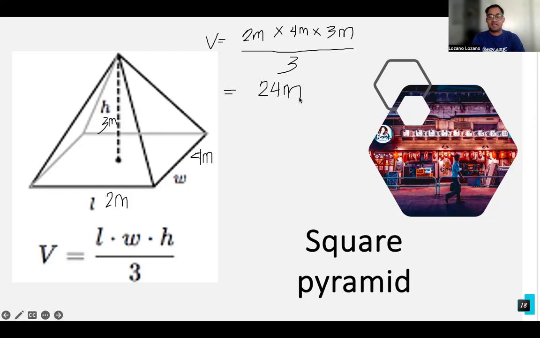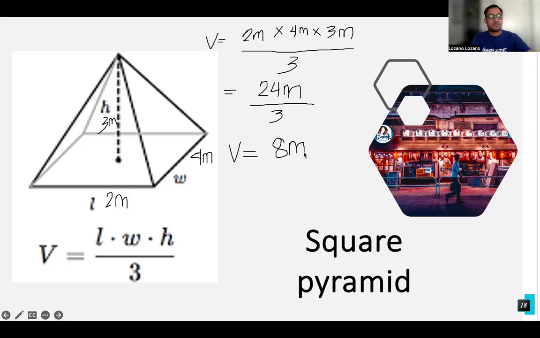So it's not yet done kasi i-divide pa natin yan sa 3. Okay. So we divide it by 3. 24 divided by 3, that is, very good, the volume of our square pyramid, that is 8 meter.